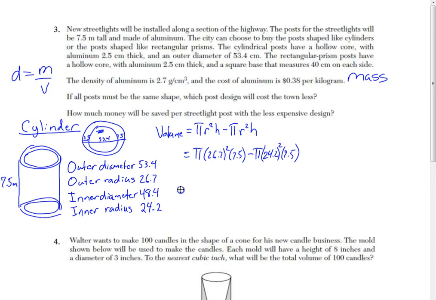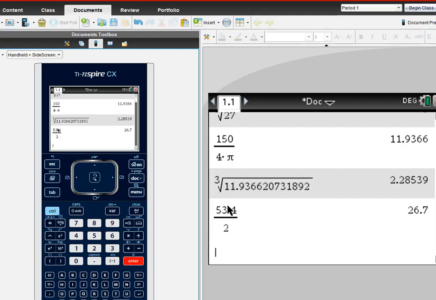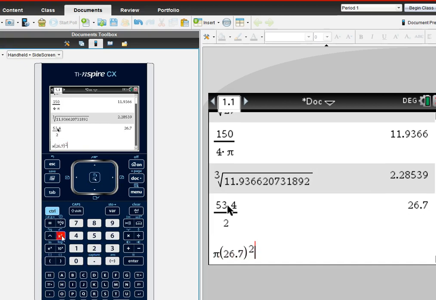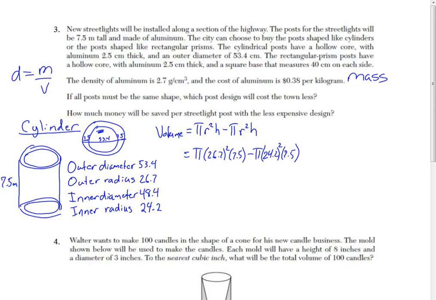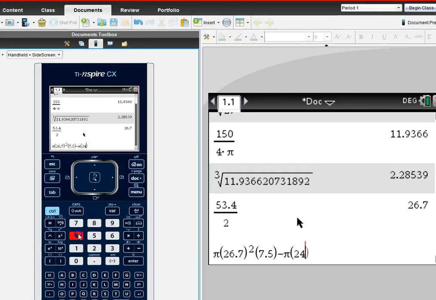Okay, so we've got pi times 26.7 squared times 7.5, that whole thing minus pi times 24.2 squared times 7.5.